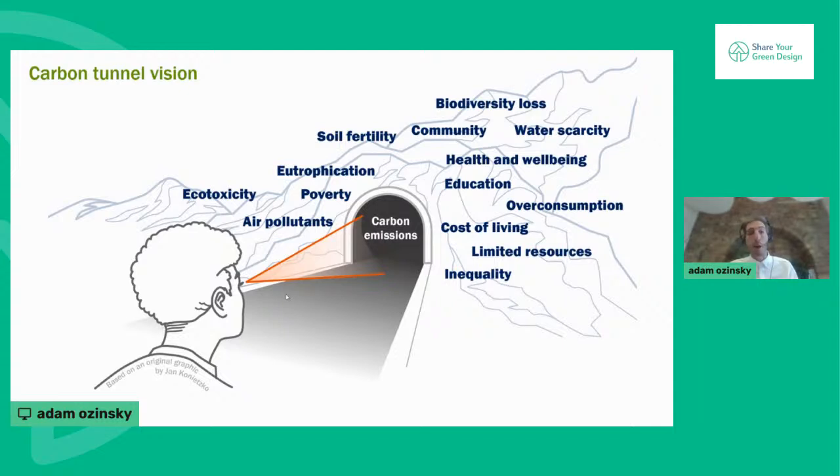Things from inequality to limited resource scarcity, and there are thousands more than are sketched up over here. All of these things should be balanced somehow together. And I'm fully aware we don't have the language or the tools to do that at the moment. But it's worth bringing in, even if we can focus on one or two of these as a tension with the work we do in whole life carbon study.